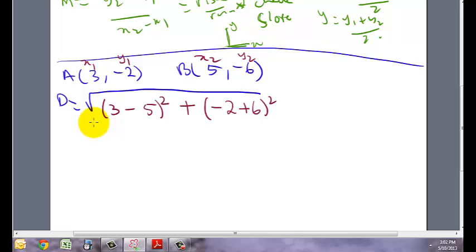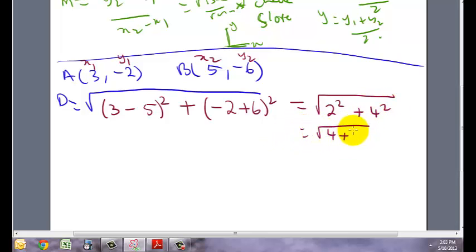Cool? So as I said, I'm going to work sideways this time because I might run out of paper. So square root, 3 take away 5 is minus 2 all squared is 2 squared, which is 4, plus minus 2 plus 6, 4. 4 squared is 16. So that's 4 plus 16, and that gives us 20. Any questions on that one?